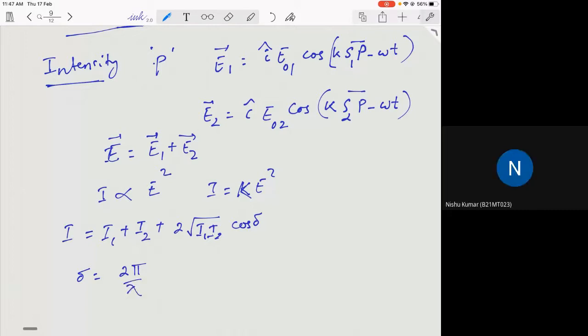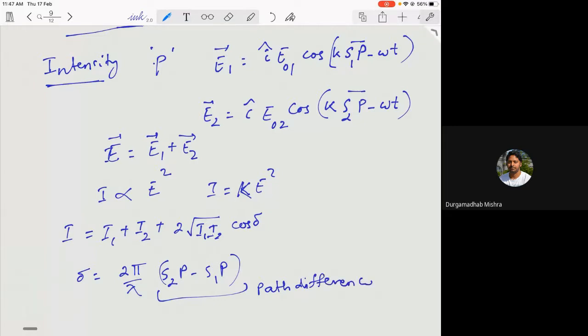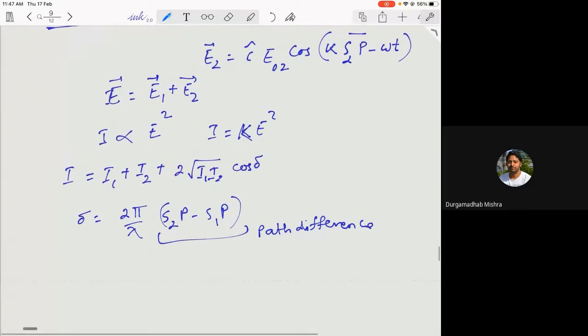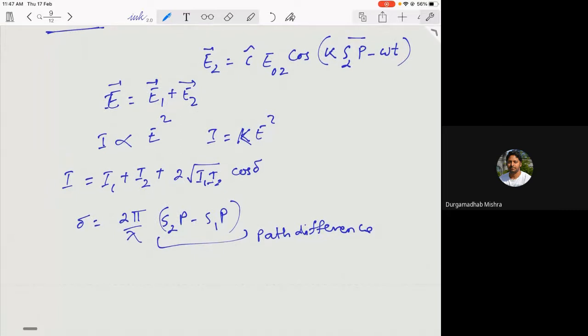This is the phase difference, and S2P minus S1P is your path difference. This is how they are related. You can convert. If you know the path difference, you can also calculate the phase difference and vice versa.